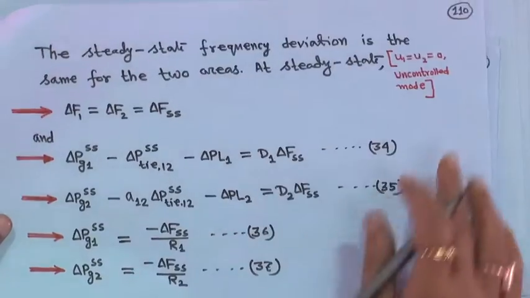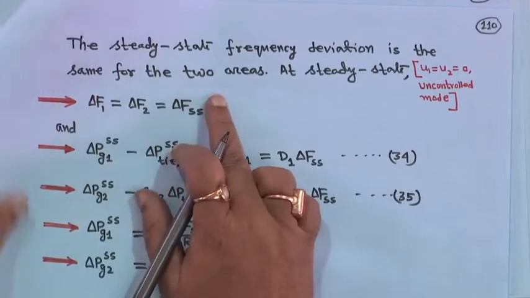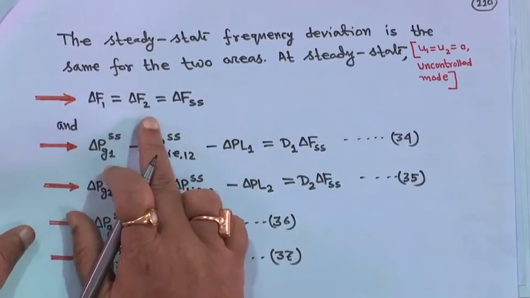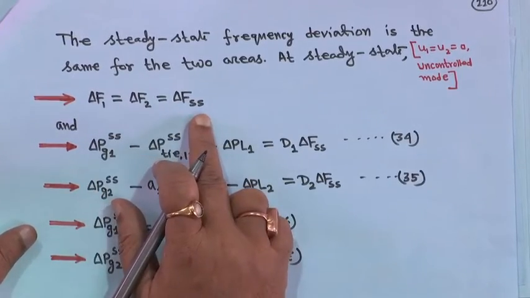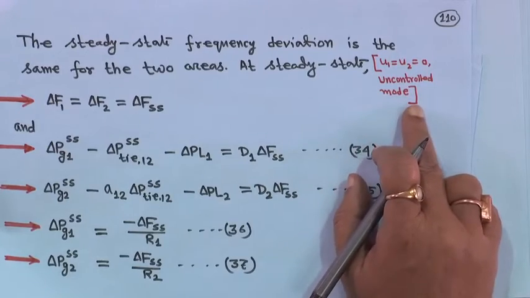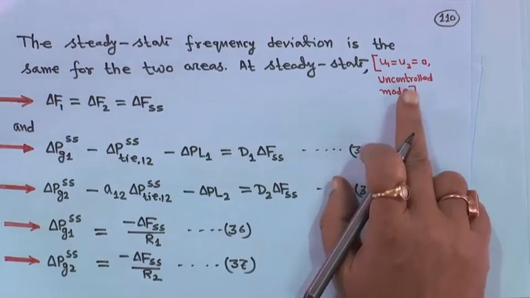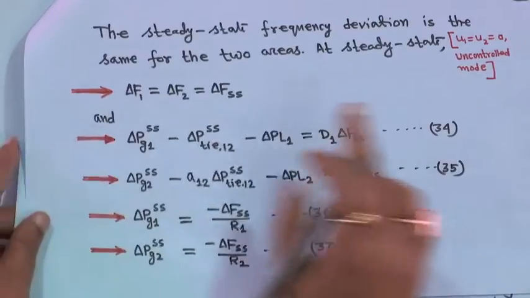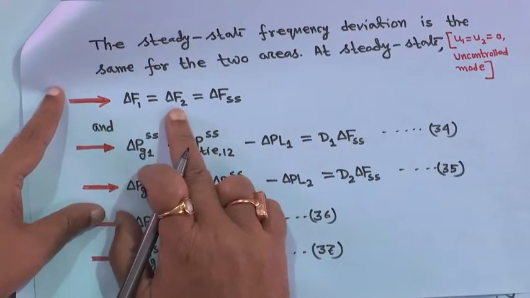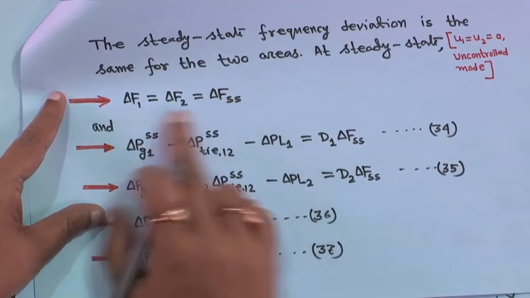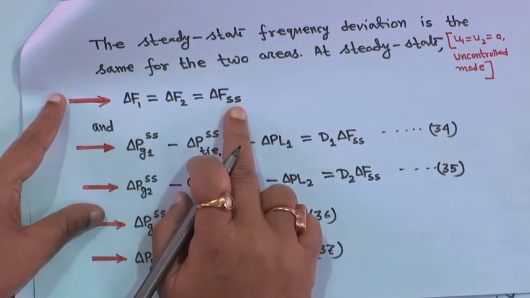At steady state, even though it is a two area system, delta f1 is equal to delta f2 is equal to delta fss, and we are considering the uncontrolled mode, that is u1 is equal to u2 is equal to 0. So both areas have the same steady state error.